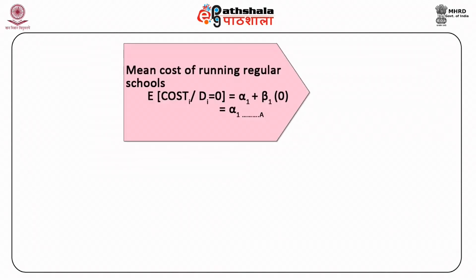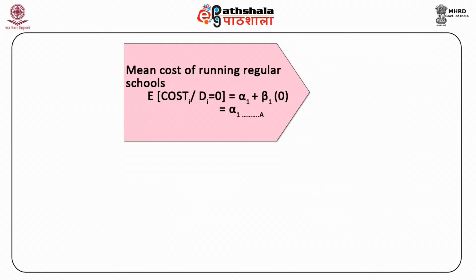The cost of running a regular school, putting d i equal to 0, is equal to alpha 1 plus beta 1 into 0, which is equal to alpha 1, and represents the mean cost of running regular schools.